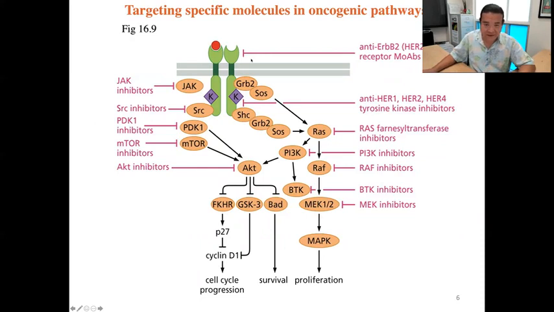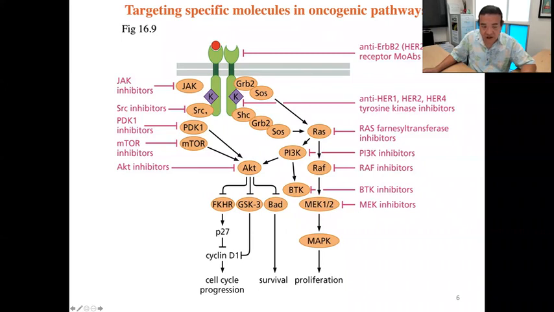It feels like a long time ago in the semester when we first learned about these types of signaling pathways that have to do with things like EGF receptors. So here's HER2 at the top, the HER2/neu receptor. And remember, it's a receptor tyrosine kinase. It acts by recruiting different adapter proteins like GRB2 and SOS that can then activate RAS.